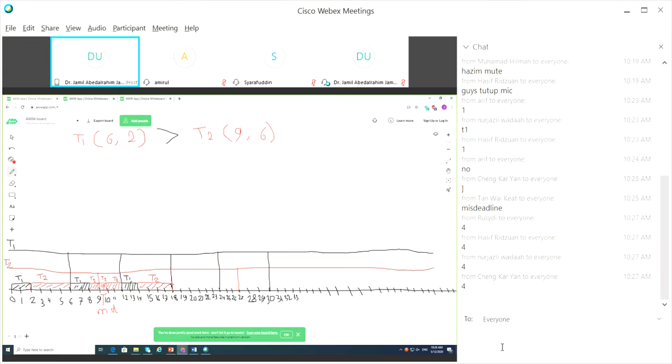Then at interval 18, we have two ready processes, which are task 1 and task 2. Since task 1 has higher priority, we will execute task 1. Then task 2 for some units.